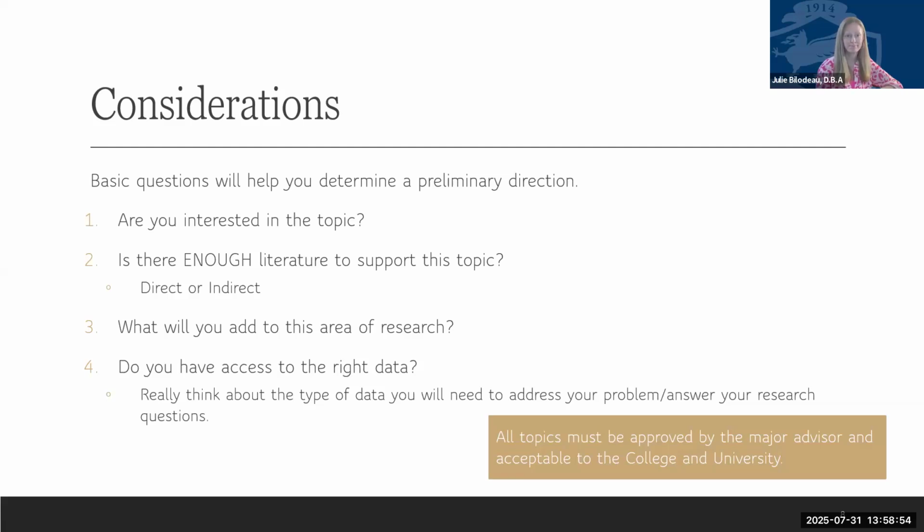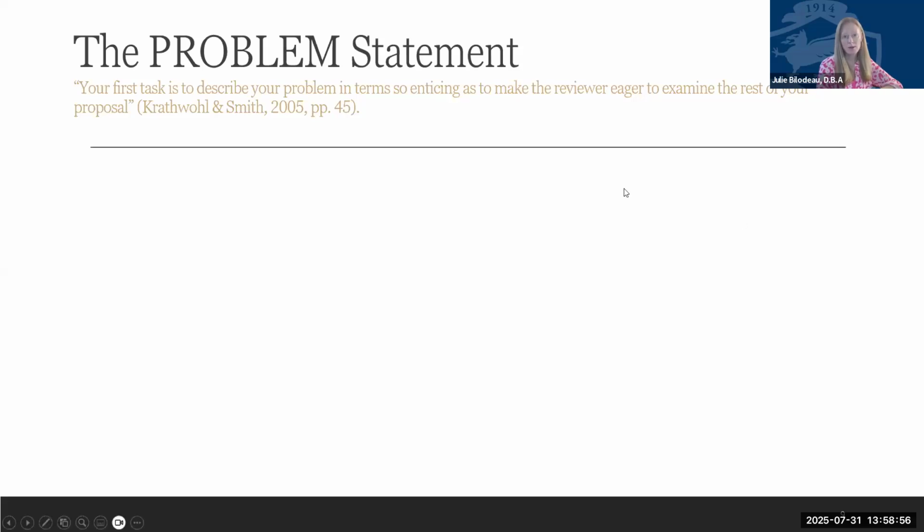So, all right, problem statement. Moving more into what we're here to talk about. You can see here, your first task is to describe your problem in terms so enticing as to make the reviewer eager to examine the rest of your proposal. We all know that whenever you write a report for work or anywhere else, you want to really gain your audience's attention, right?